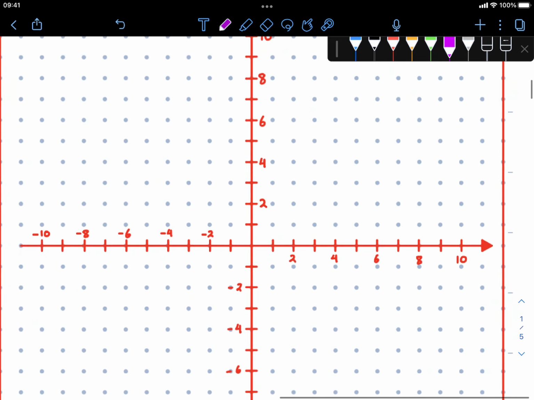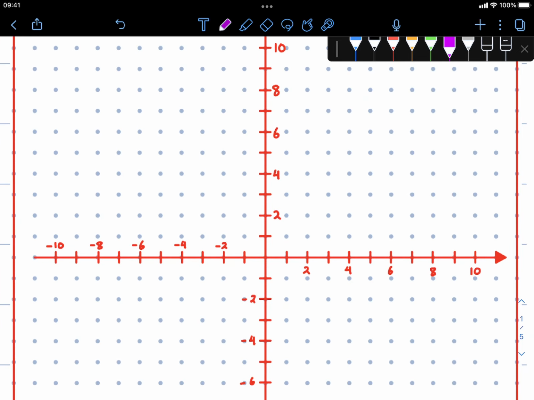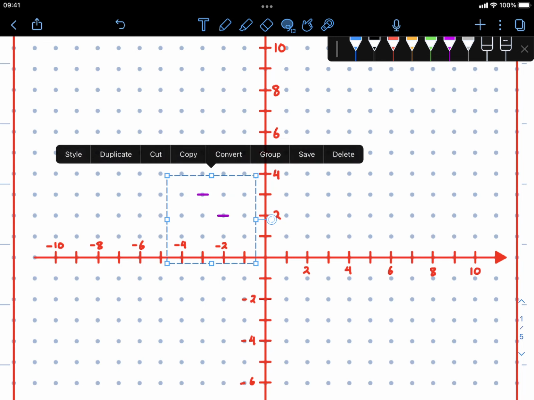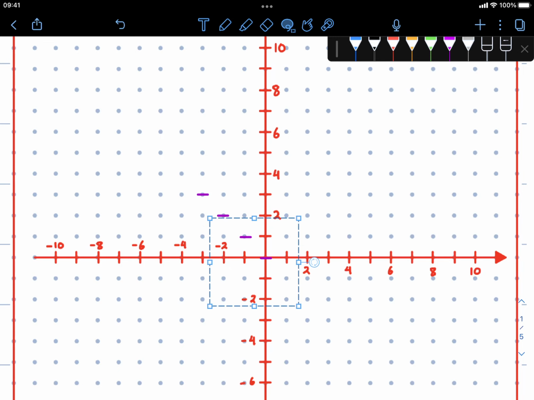So let's draw that in first. So something like this. Let's do 2 at a time now.